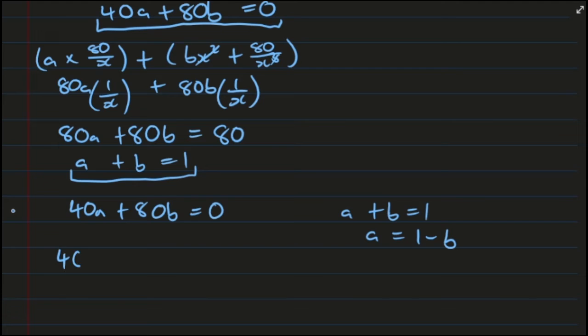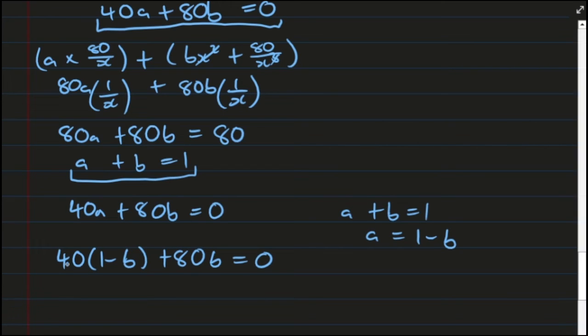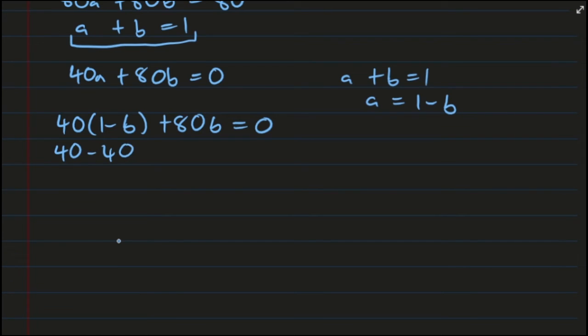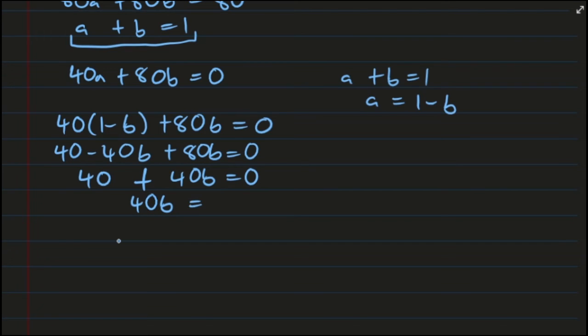So it becomes 40 times (1 minus b) plus 80b is equal to 0, which becomes 40 minus 40b plus 80b is equal to 0, which is 40 plus 40b is equal to 0. 40b is equal to negative 40.